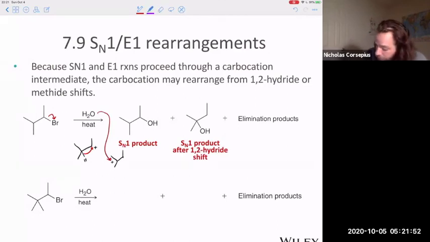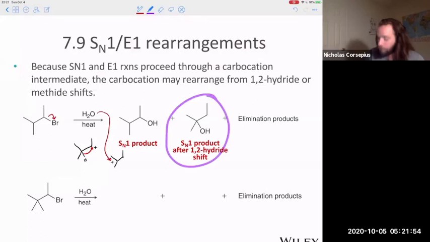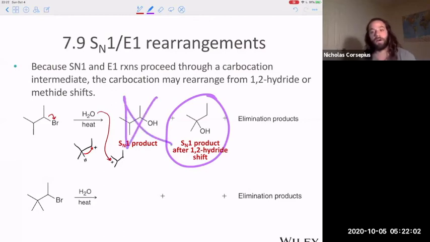And what we're going to see is that this is actually the only substitution product that we would have to worry about. SN1 of that secondary carbocation wouldn't occur, right? Those rearrangements are irreversible in favor of that more stable carbocation.